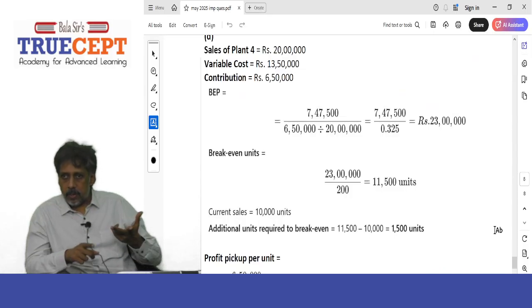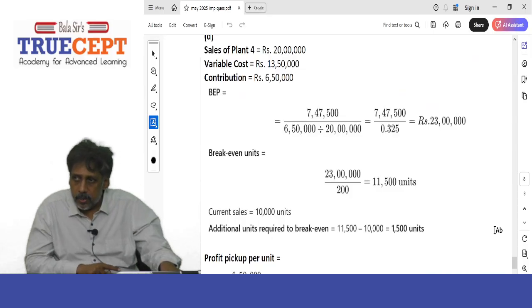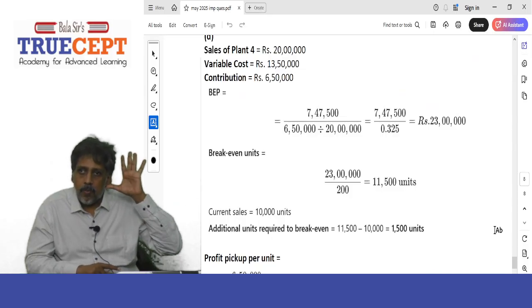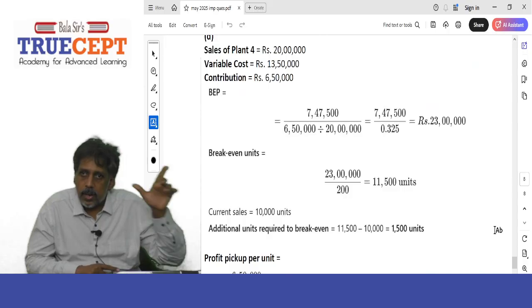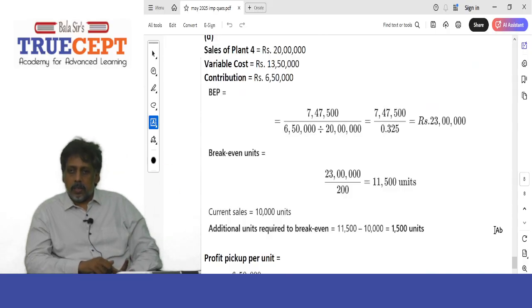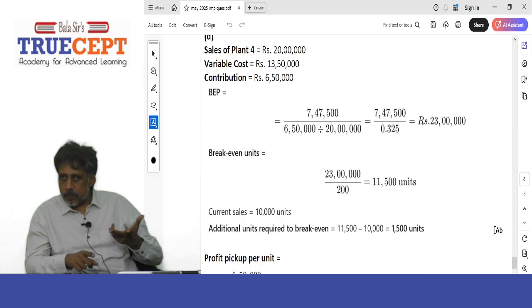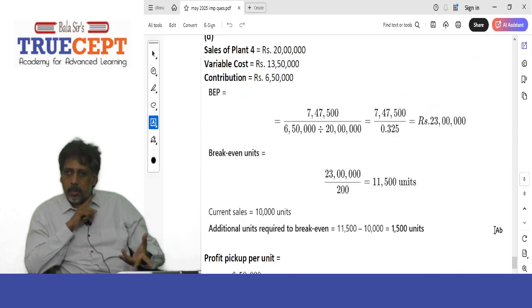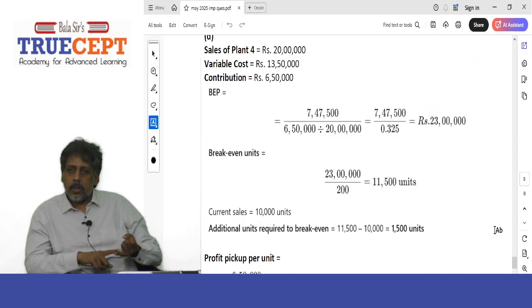Do not consider the head office expense, which is only allocated. Now, 7 lakh 47,500 divided by the PV ratio 0.325.